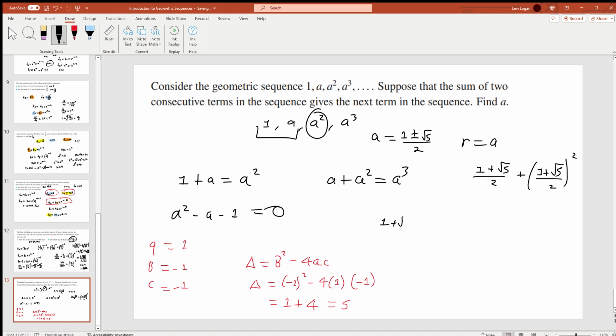But we have 1 plus root 5 on 2 plus 1 plus root 5 on 2 squared. Does this equal 1 plus root 5 on 2 cubed? Okay, so let's work out what this would be. So the left hand side, 1 plus square root of 5 on 2 plus brackets 1 plus square root of 5 on 2 all squared.